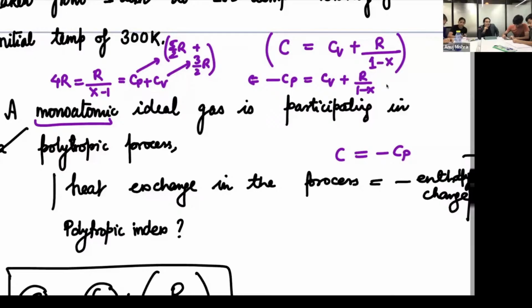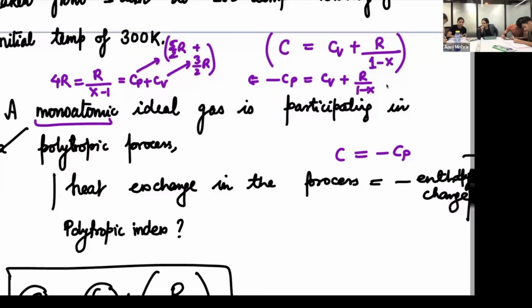Heat exchange in the process equals negative of enthalpy change. Find out the polytropic index. Did you understand? For a monoatomic ideal gas scenario, heat exchange in the process equals negative of enthalpy change. The question is to find out the value of x.